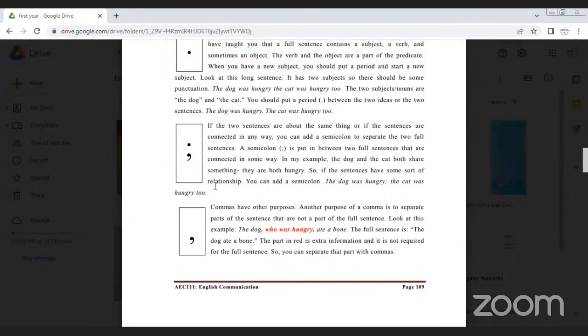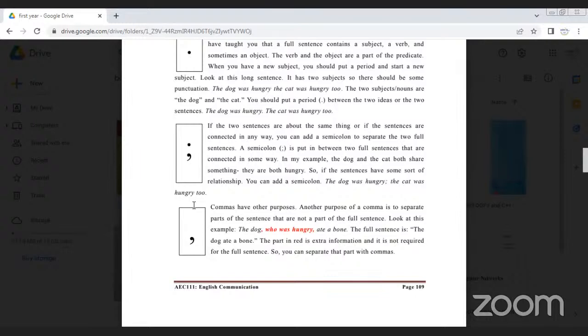Then let's see the comma. How to use a comma in the sentence. Commas have other purposes. Another purpose of the comma is to separate parts of the sentence that are not a part of the full sentence. Look at the example. The dog who was hungry ate a bone.